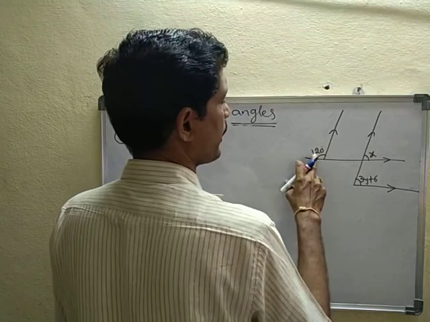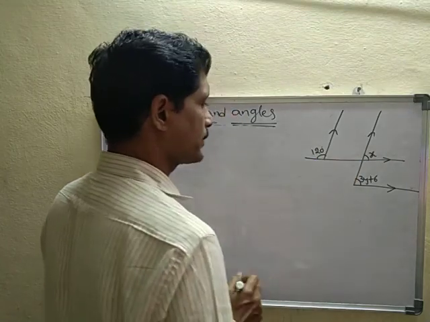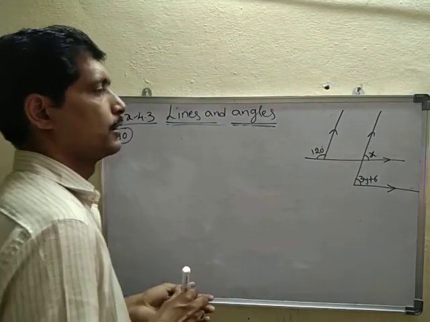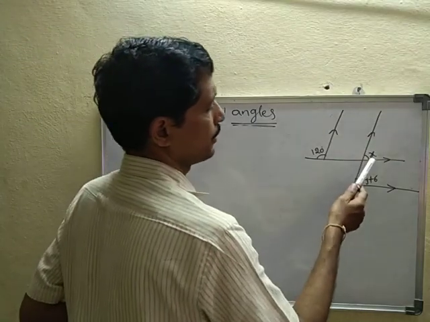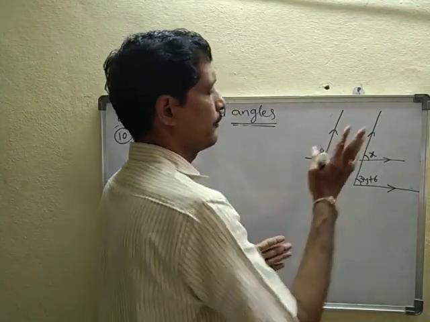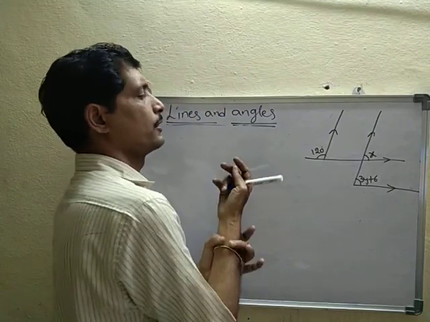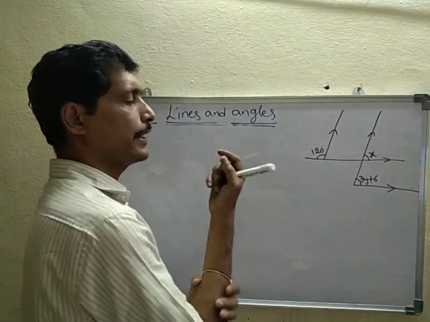Okay. Therefore, this 120 and x both are which angles? These two are, therefore, figure changes this one. Therefore, that is co-exterior angles.